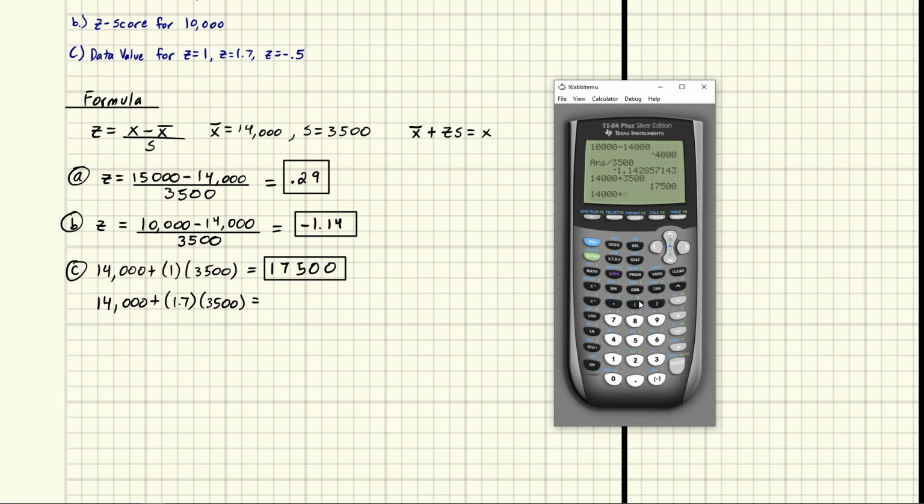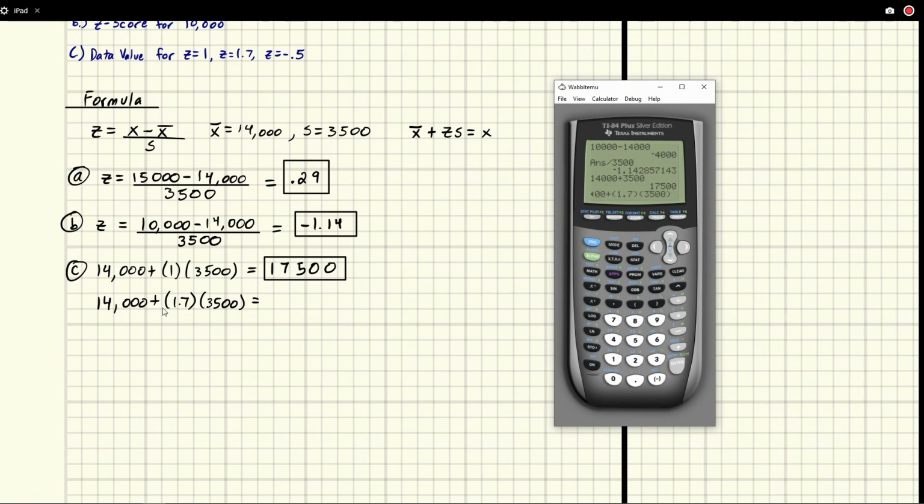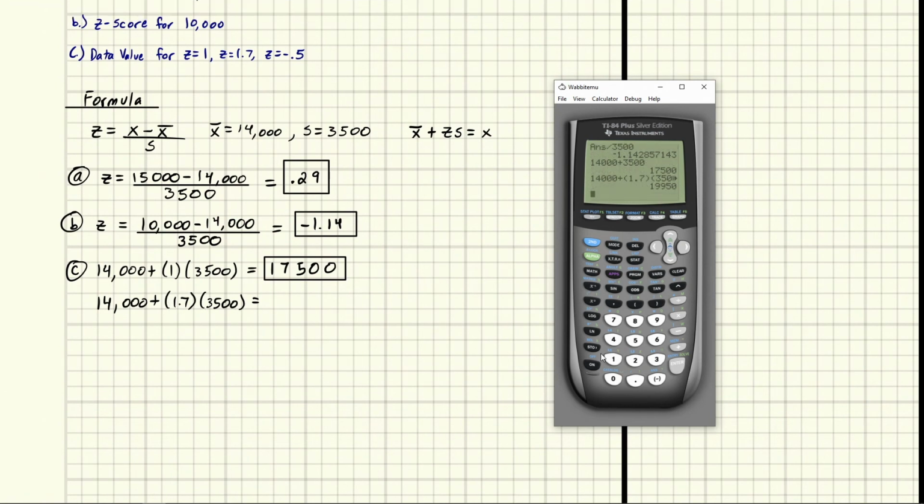And this time we've got a number that's not 1, so we have to write it in. 1.7 times 3,500. And you see, you can just write it exactly as it appears. Use parentheses when you sub in. It'll help you avoid mistakes. And we get 19,950. So this would be the data value that would correspond to it if we were 1.7 standard deviations above the mean. And we can do that just having the z-score.